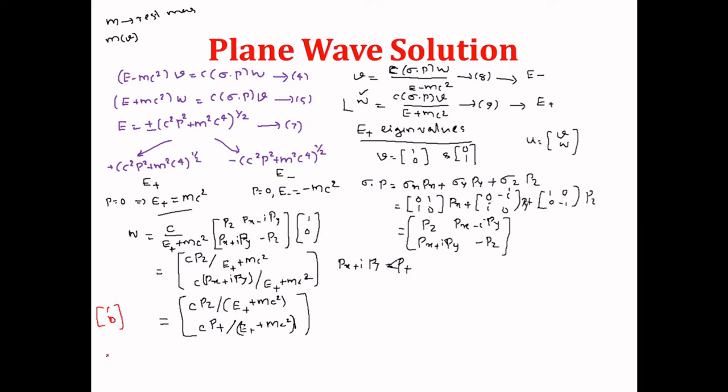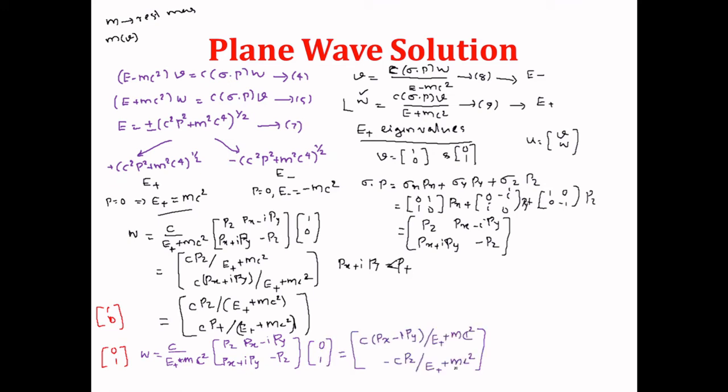Similarly, we can calculate the W matrix value for the V values (0, 1). Here the difference is, you have to multiply it with (0, 1), so correspondingly the non-zero elements will be different. You have to multiply, and what you will get is this particular matrix, where we have substituted Px plus iPy as P plus.